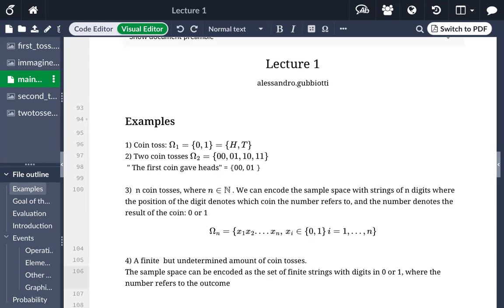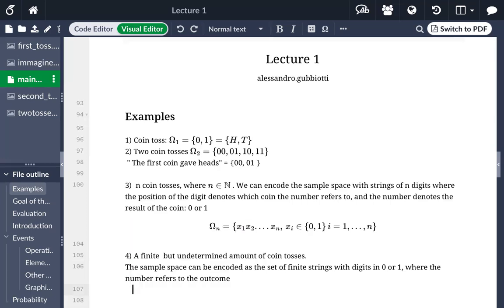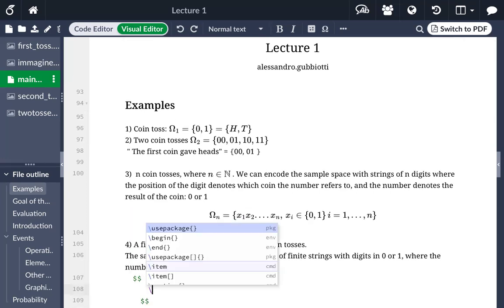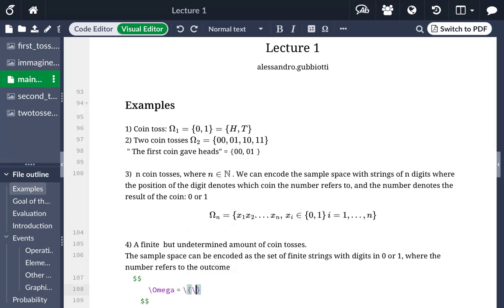So this can be written in the following way: as the set of strings of n digits, finite strings, where n now varies in the natural numbers, and xi is in 0 and 1.